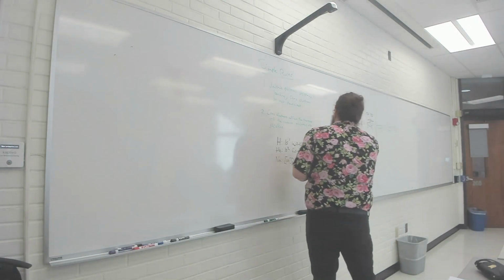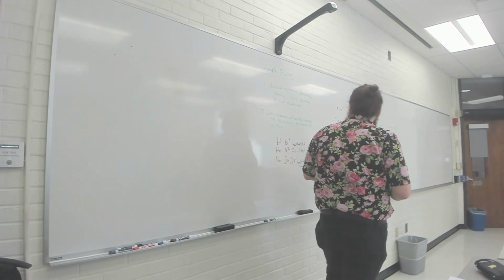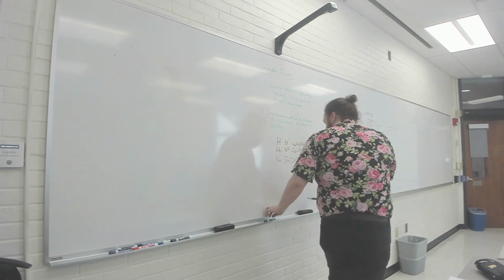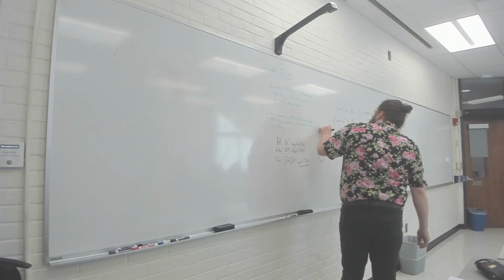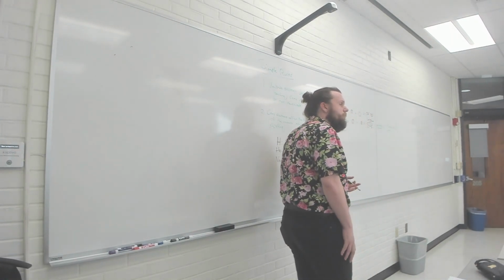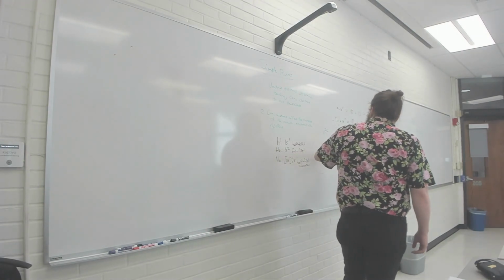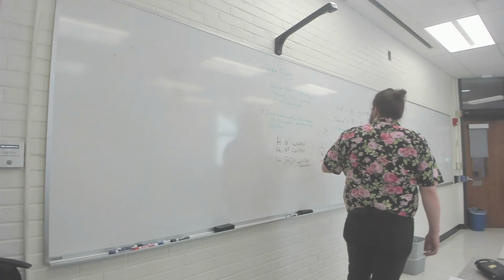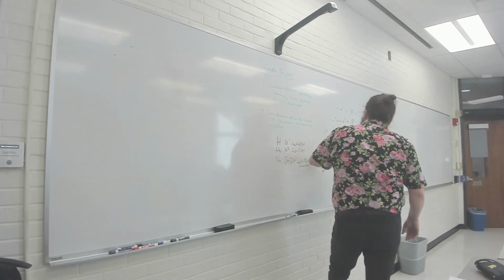And so the 2s electron is attracted to whatever's in the core. But what's the core? It's not just a nucleus. It's not just protons, but it's also two electrons as well. So what's the net charge of the core here?